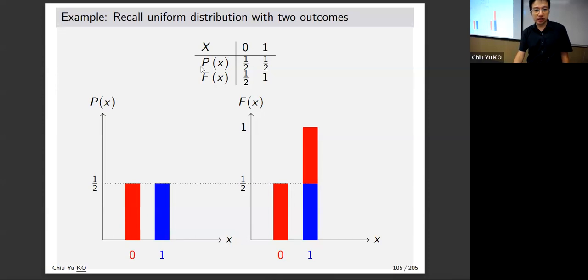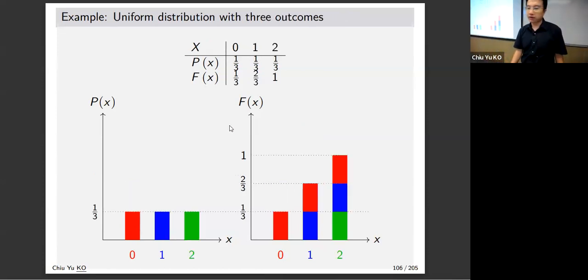To understand the idea, remind yourself again of the problem of tossing a coin, and it's a fair coin. So it's equally likely that you have head or tail, 1 and 0, like this. And suppose instead of a coin, you have a three-sided die. The three outcomes are equally likely, and the P will be just again a flat one, with bars at 0, 1, and 2, and this F is stacking up.